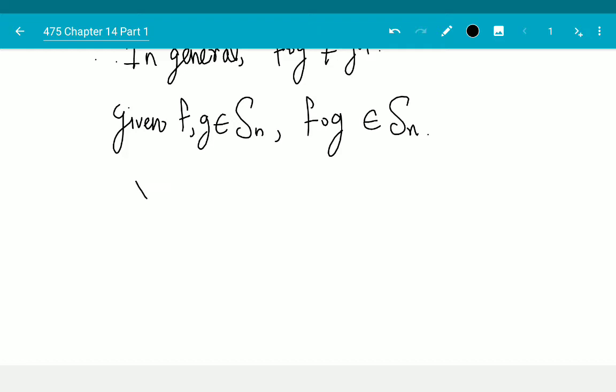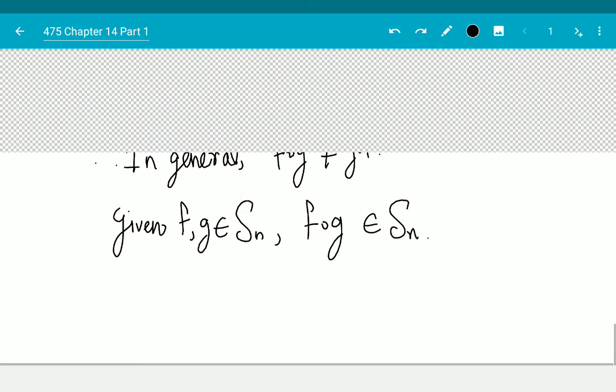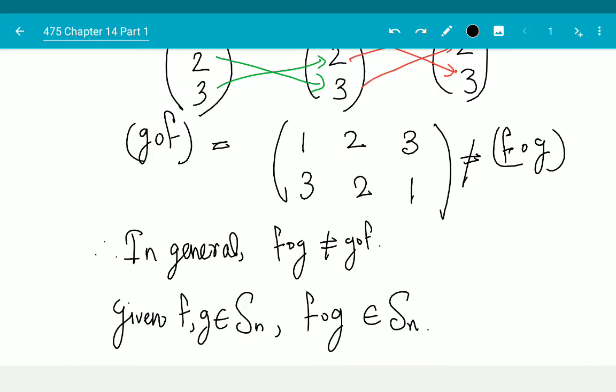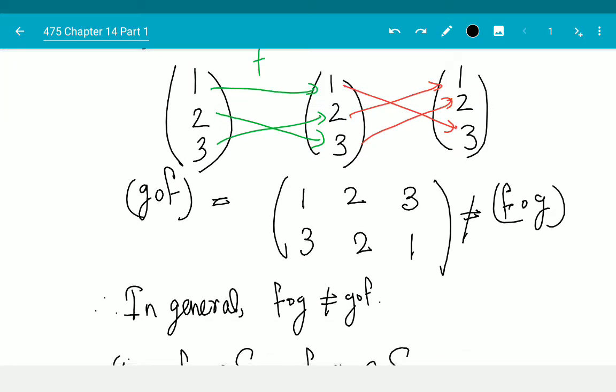Now, in case you are wondering why F composed G is a permutation, why does no number come up twice? Why is it that whenever I compose things, every number is going to come up different? Like 1, 2, 3, why can't it become 2, 2, 1 or something like that? Well, that's because if you look at the images, in terms of arrows, how are things going?